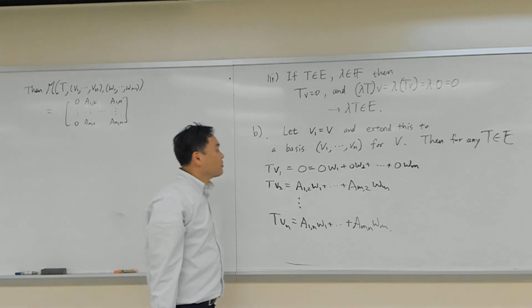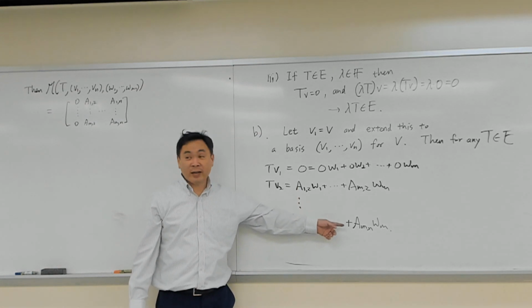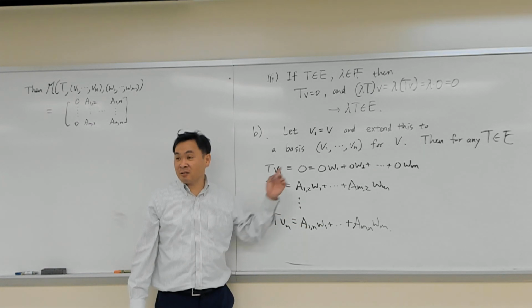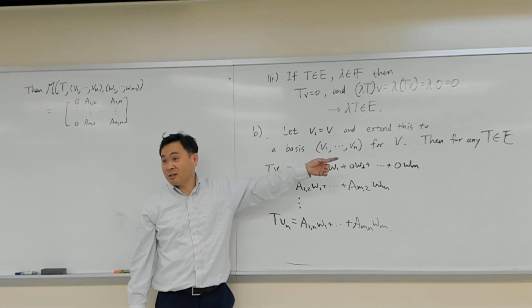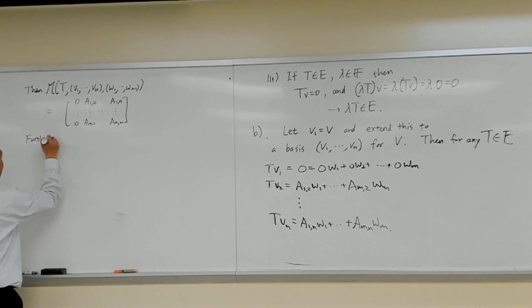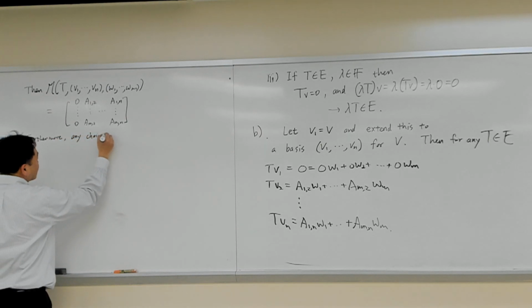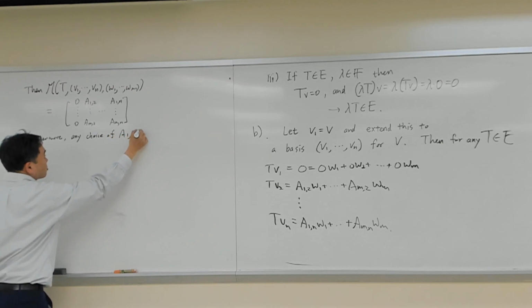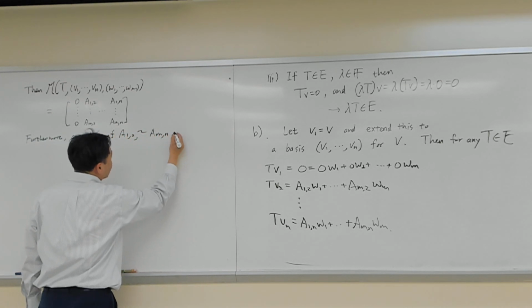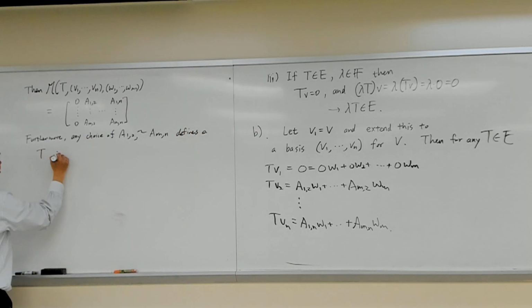Furthermore, any choice of a12 through amn defines a T in E. Well, how many numbers are there?